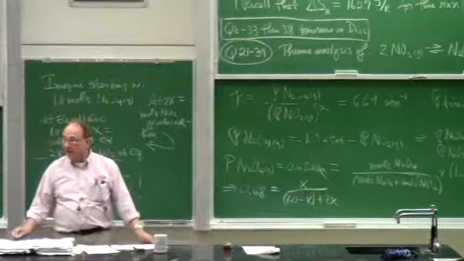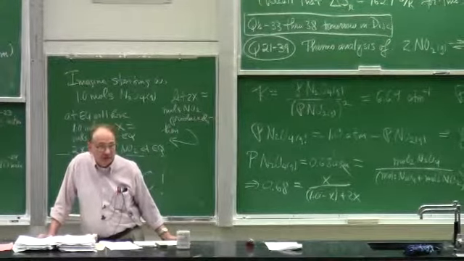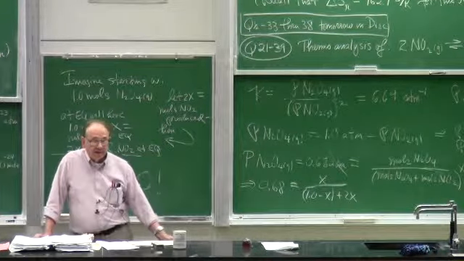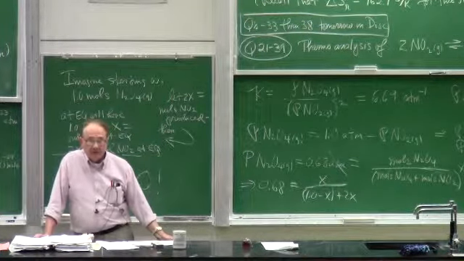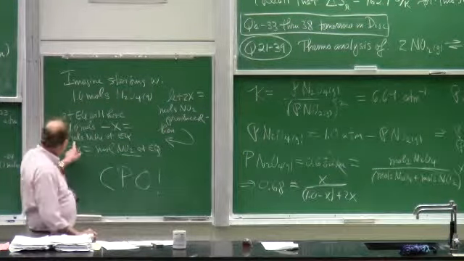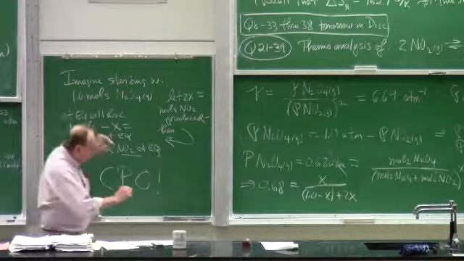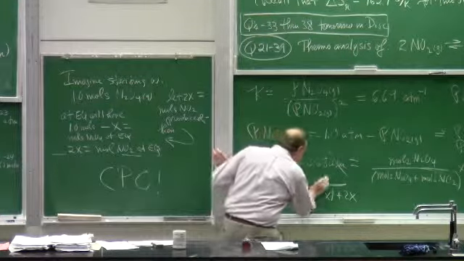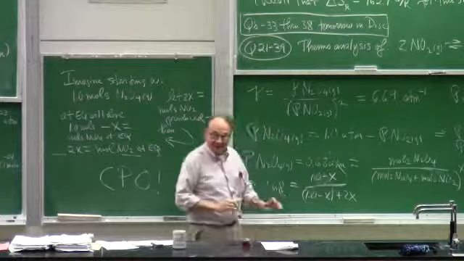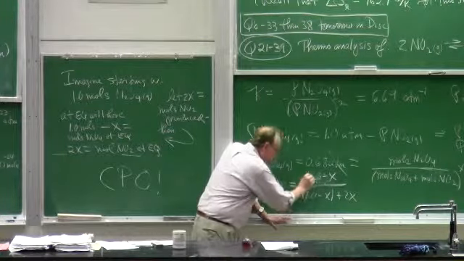Think you can solve this? One equation, one unknown? Why isn't the top 1.0 minus X? Why is the numerator 1.0 minus X? It is. Oh! Pardon me. Yes. Good.